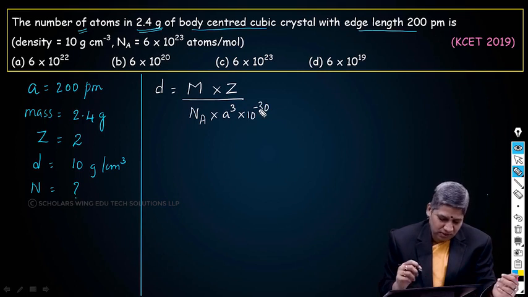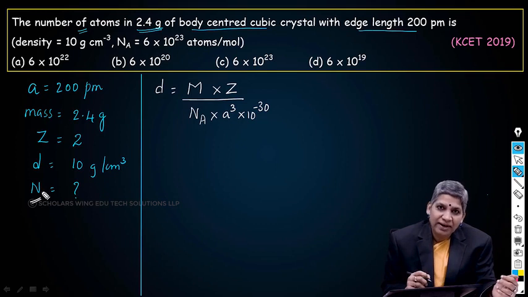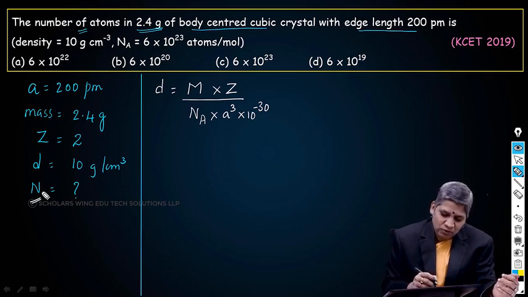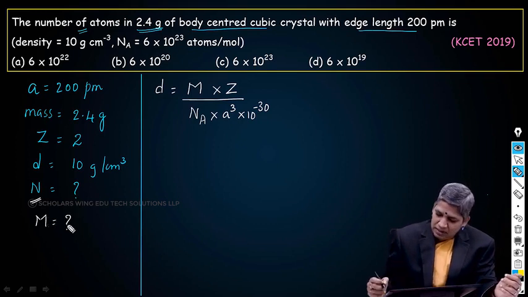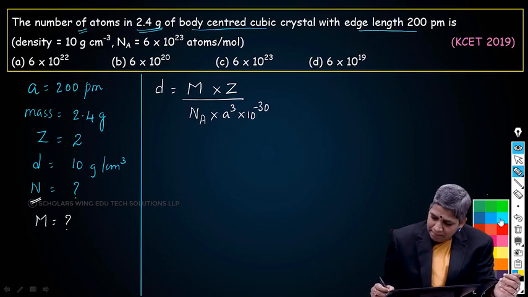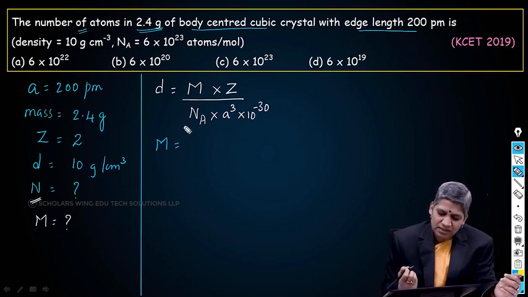Therefore, you need to include this. You can't directly find the number of atoms. First, you should find the molar mass. Therefore, step 1 is to find M. To calculate M, just bring M here. Let's cross multiply now.